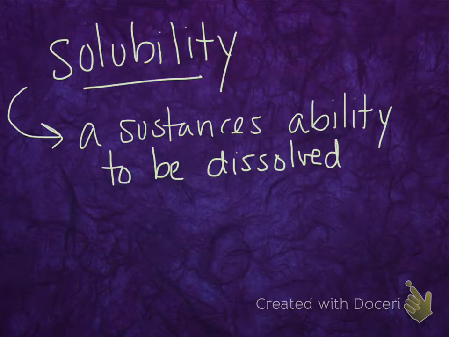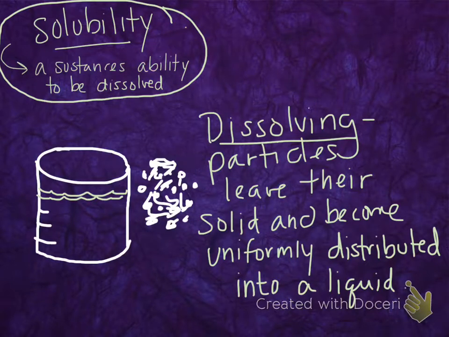With solutions, we talk a lot about the concept of solubility. And solubility is a substance's ability to be dissolved. Dissolving, in the most common sense of the word, is when particles leave their solid and become uniformly distributed into a liquid.